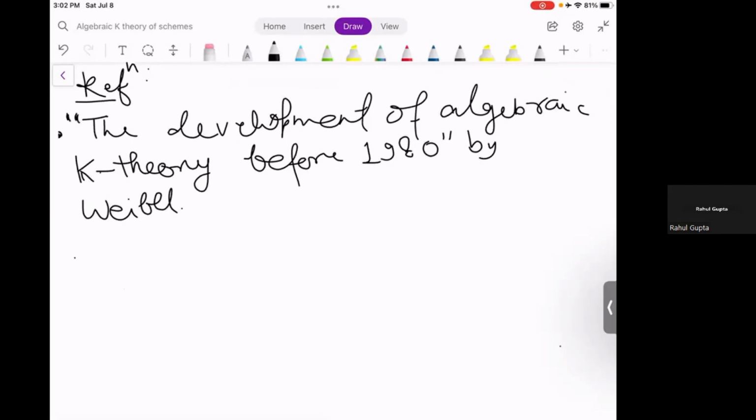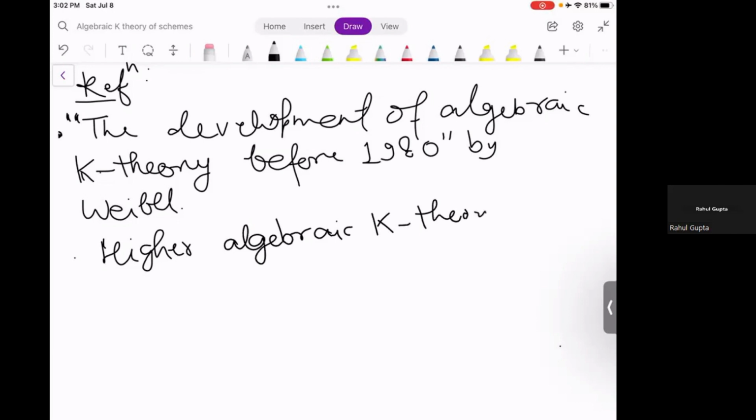The next reference, as most of you know, is Higher Algebraic K-theory by Quillen.